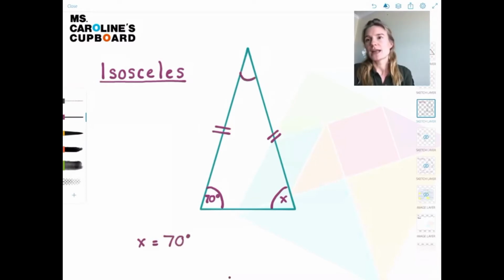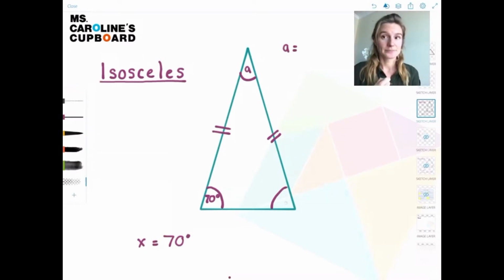So if we know now that that one is a 70 as well, we can try and find out what that top angle is. What is A worth? What have they all got to add up to? 180. They've all got to add up to 180. So let's put our 70 down there so we know we've got 70 degrees, 70 degrees. We need to find out what A is. It's got to make 180 altogether.